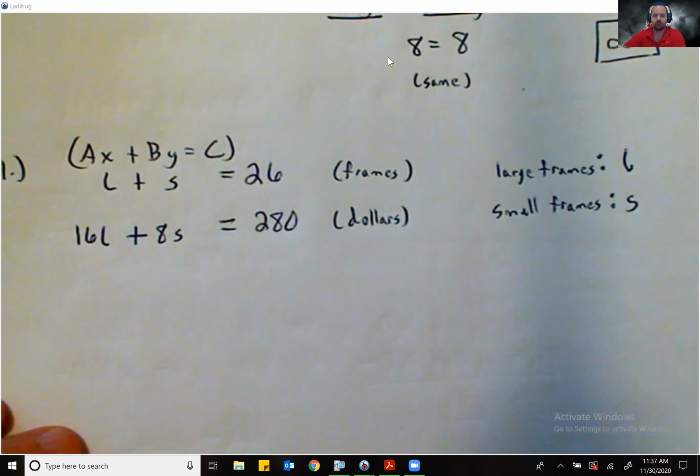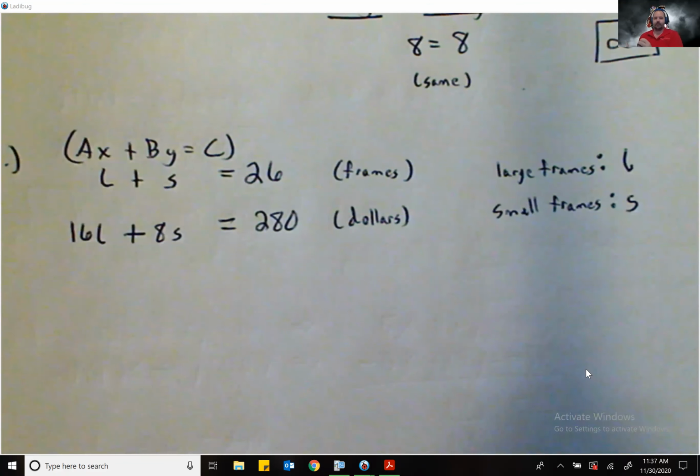Nothing crazy there. So what method would you like to use to solve these? Substitution. We could absolutely do substitution, or even easier for this, elimination. But since you said substitution, let's go with substitution.